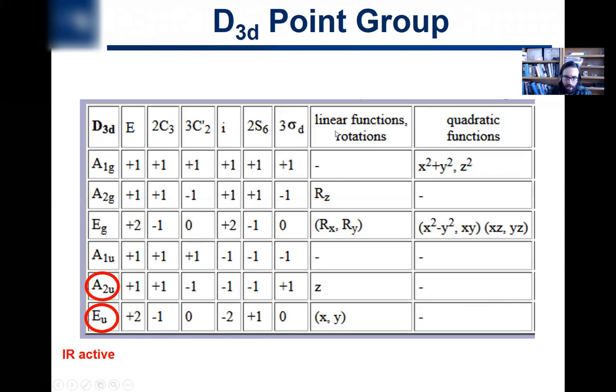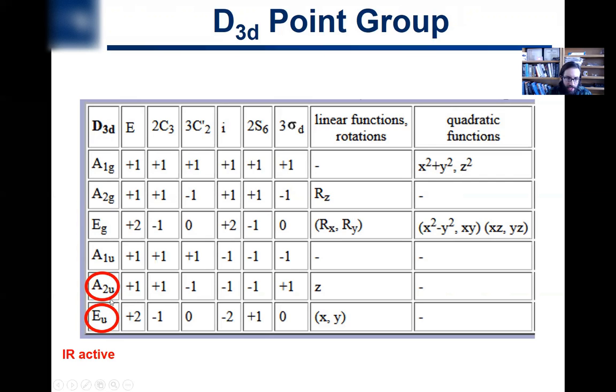All character tables, or any good one, will have the linear and the quadratic functions listed on them. And so you can see that both x and y transform together because this Eu is a two-dimensional irreducible representation. So two functions have to transform together. But because x is there, or because y is there, either one of those is enough. You know that if you had an Eu normal mode in your molecule, it would be IR active.